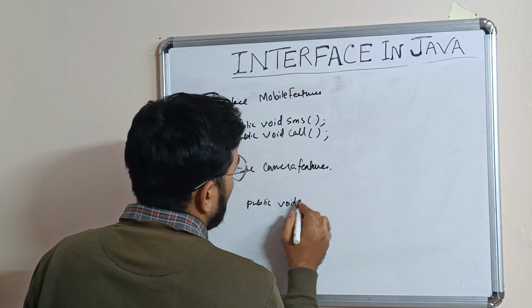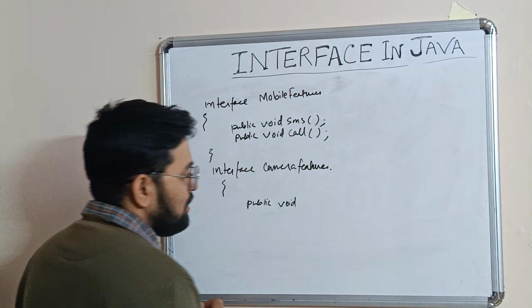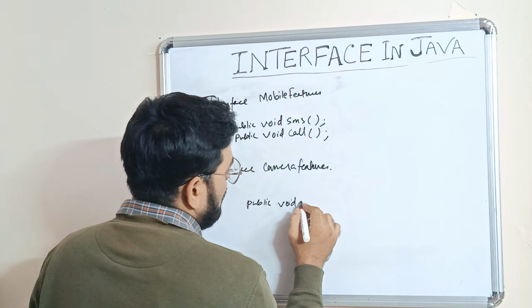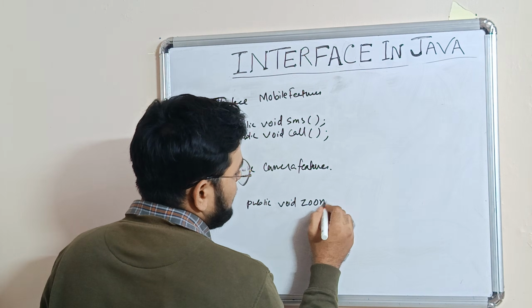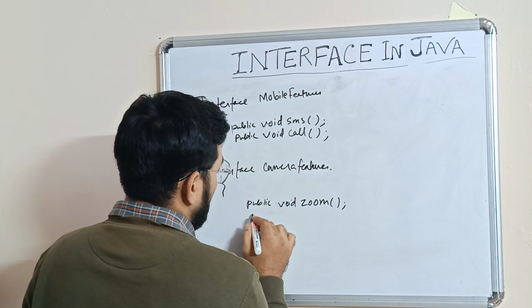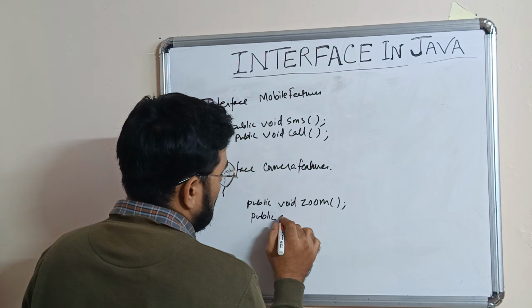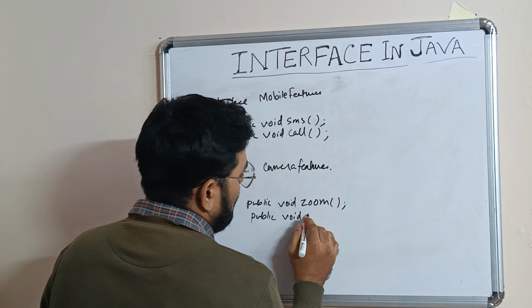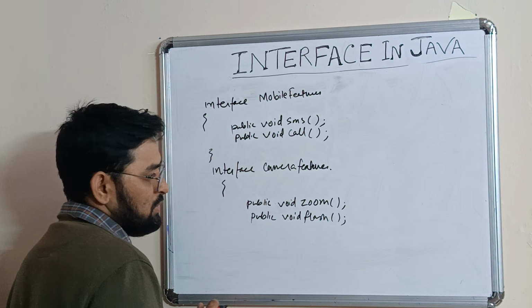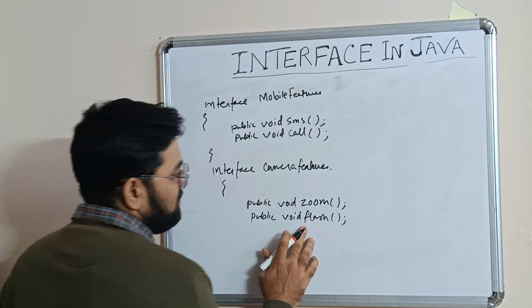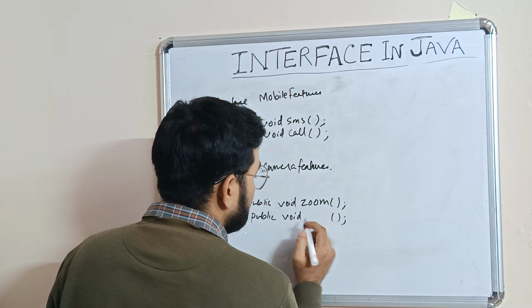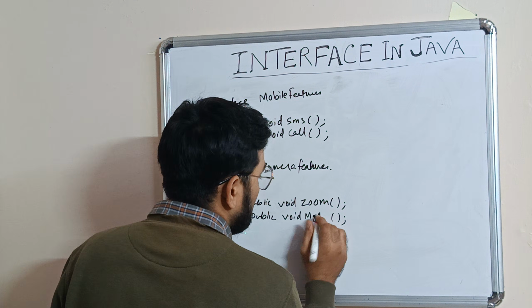Public void zoom, like 3x or 2x, whatever that could be, is one of the features of the camera. Another is void flash, or megapixel.